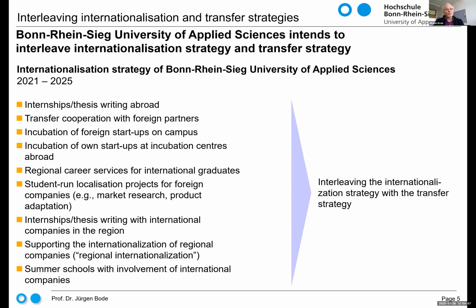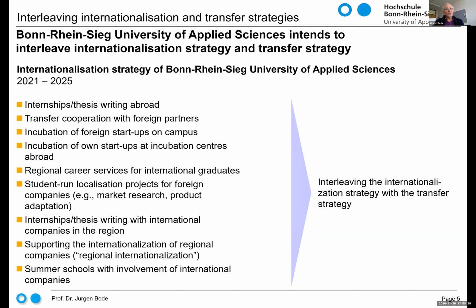We have established a project that allows our international graduates to find jobs in the region. So by this, we catch two flies with one hit, because we help our international graduates to find jobs easier and better. And on the other hand, we help our corporate partners in the region to solve their problem of finding new employees.